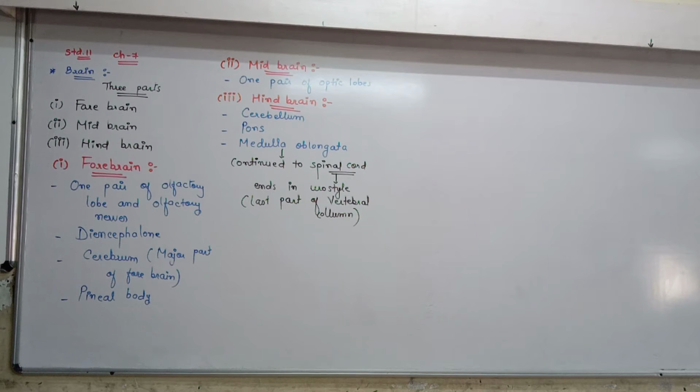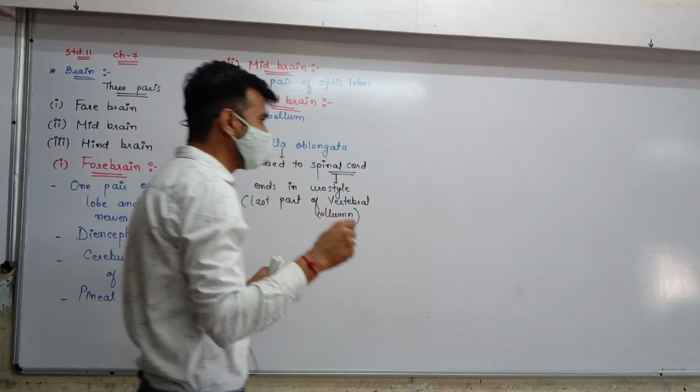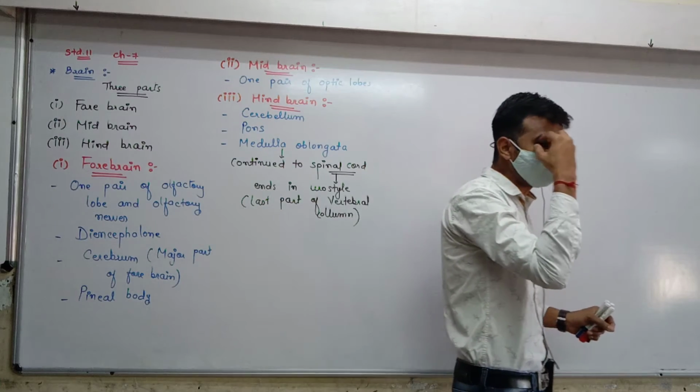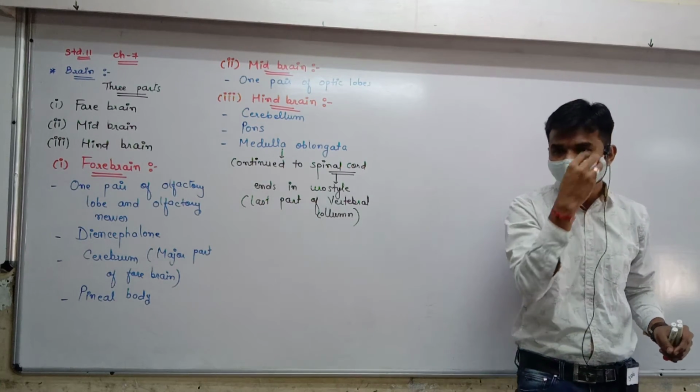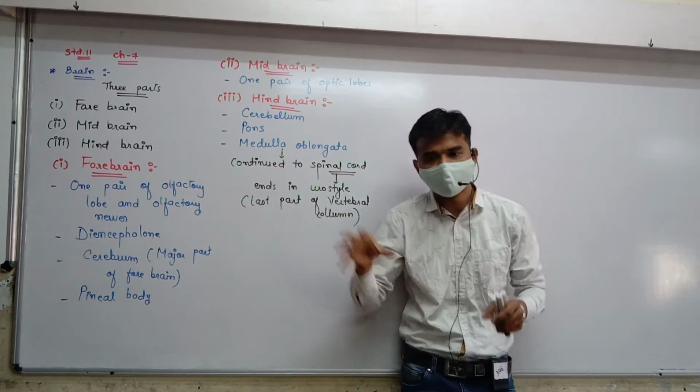So this is up to the forebrain. Clear? Next, midbrain. It consists of one pair of optic lobes, generally from the two eyes. You know that two eyes are located in the optic cavity in frog.